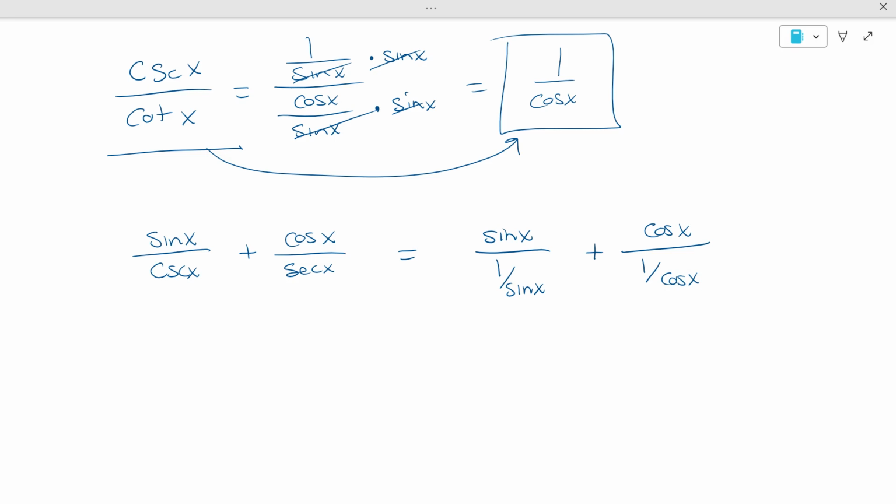Now, we have complex fractions. So let's multiply by the denominator of the denominator. So multiply this by sine of x, this by sine of x, this by cosine of x, and this by cosine of x. These cancel. So I get sine squared of x plus cosine squared of x.